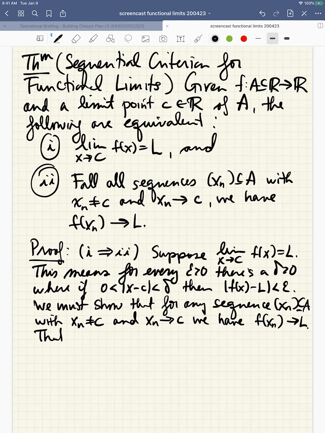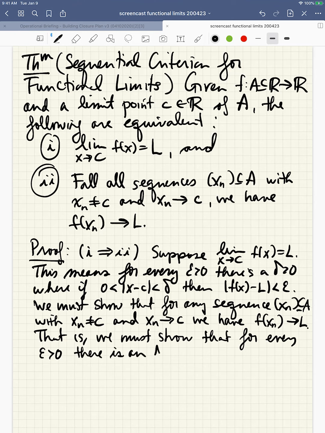That is, we must show that for every epsilon greater than 0, there is an N in the natural numbers where if little n is bigger than capital N, then absolute value of f of xn minus L is less than epsilon. Okay, that's just our definition of convergence of a sequence.